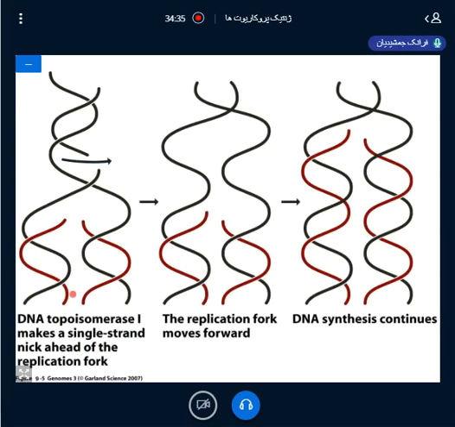Look at this picture. When the double strand breaks and the replication starts, we have a replication fork. Replication forks go through this way, and after that we have supercoil here.